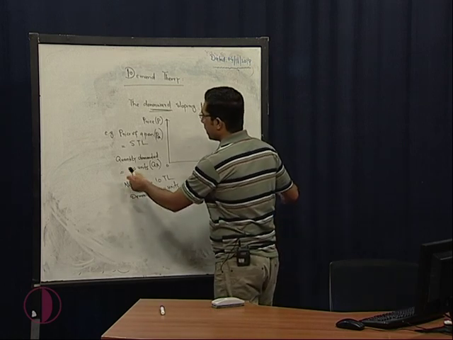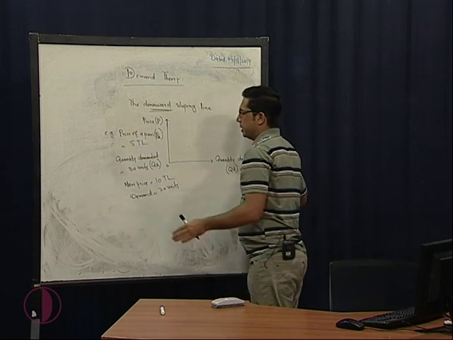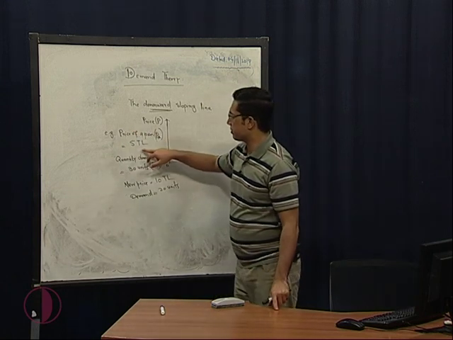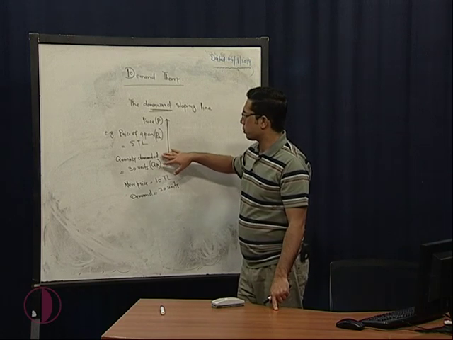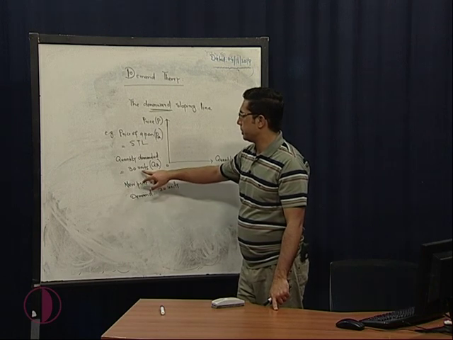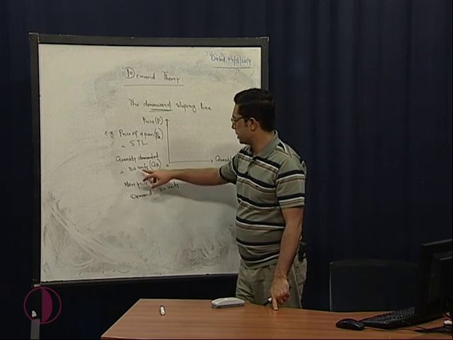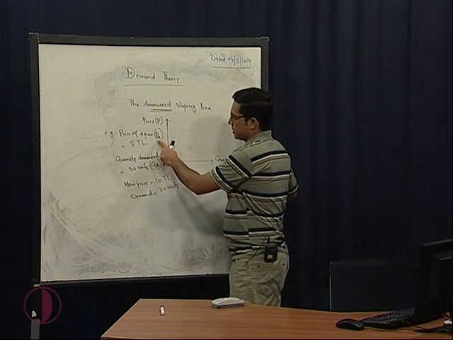So if the price of a pen increases from 5 Turkish lira to 10 Turkish lira, the quantity demanded of pen will decrease from 30 units to 20 units.